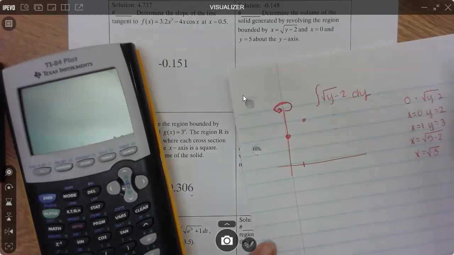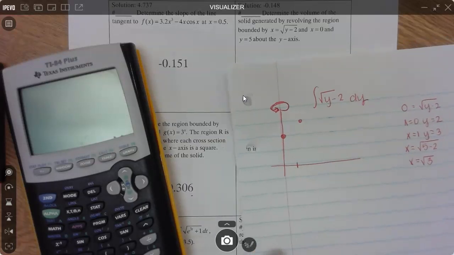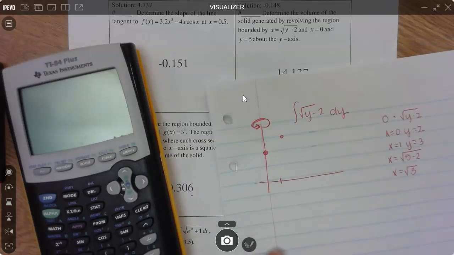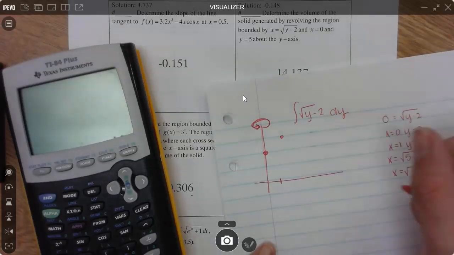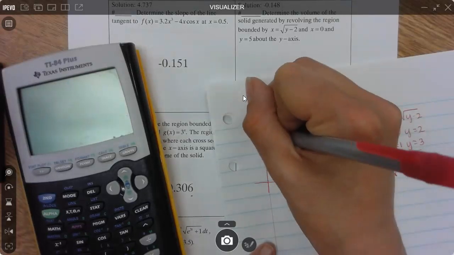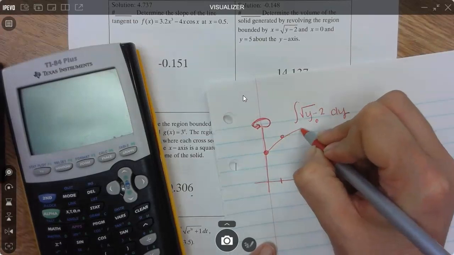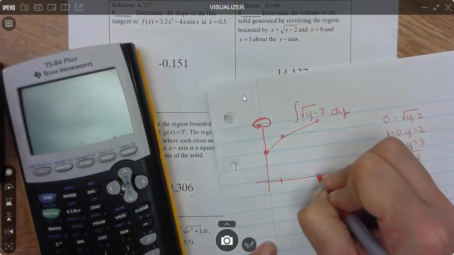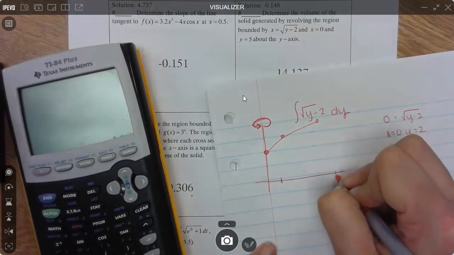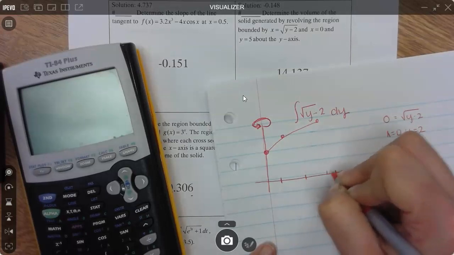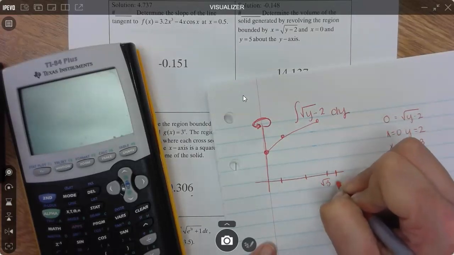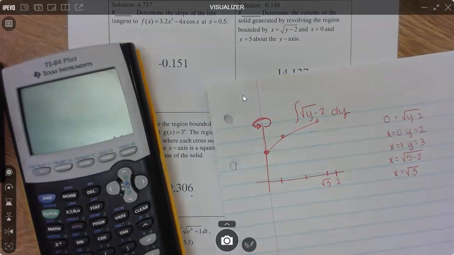If they had picked y equals 6, then we'd have gotten x equals 2. Whatever. I read 3 somewhere in here and 2's out there.